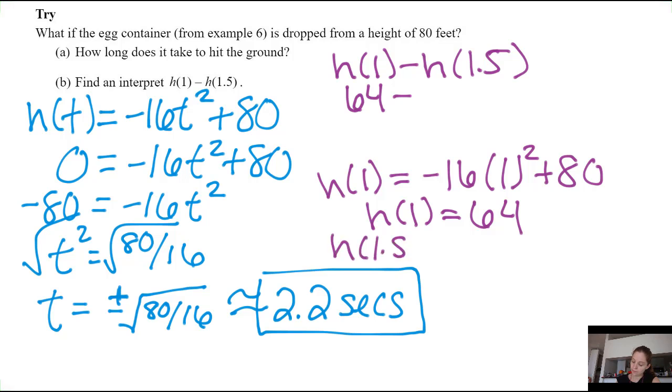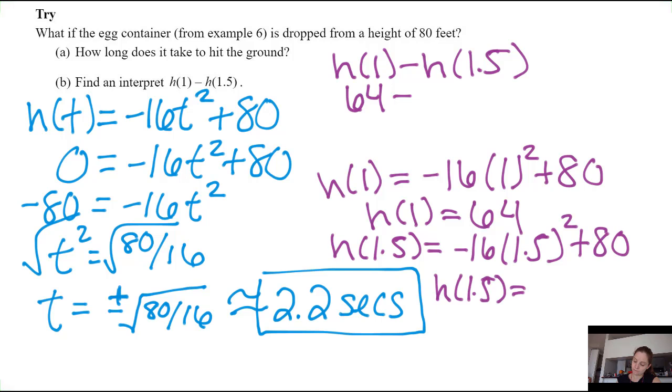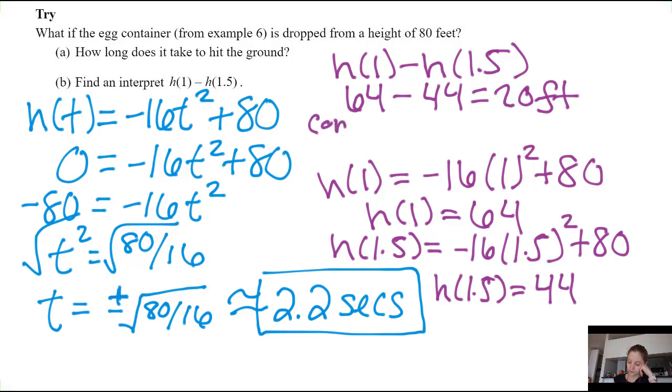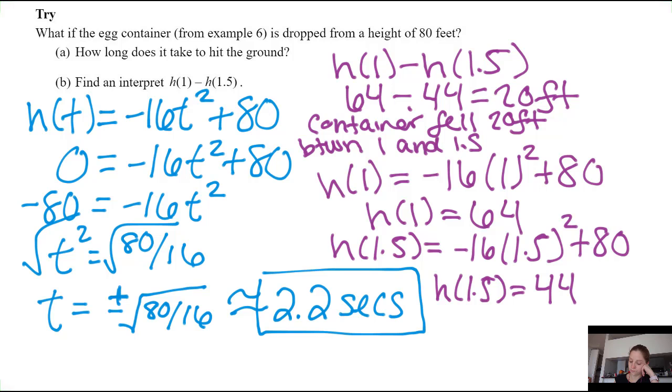H of 1.5 equals 44. 64 minus 44 is 20 feet. So to interpret that, this container fell 20 feet between 1 and 1.5 seconds, which feels like deja vu because that's the exact same answer from example 6.